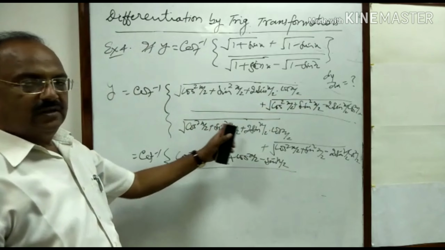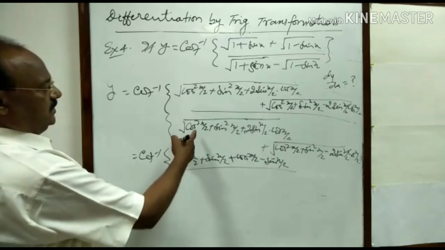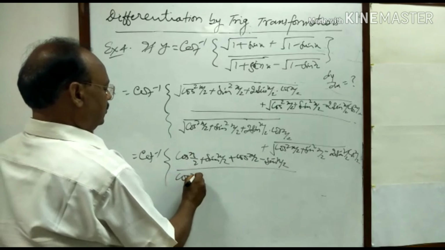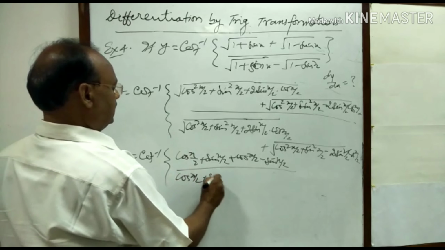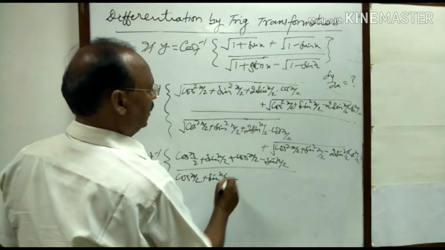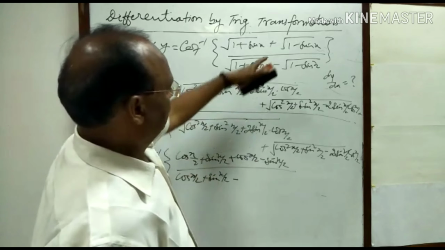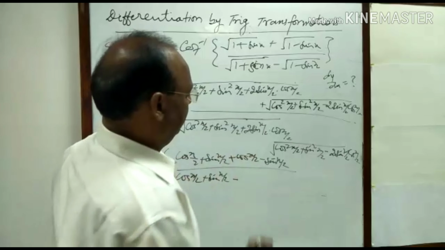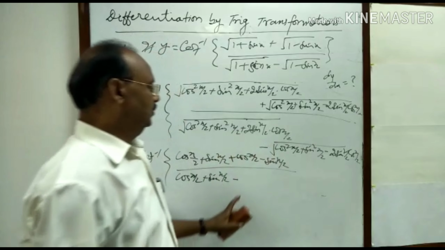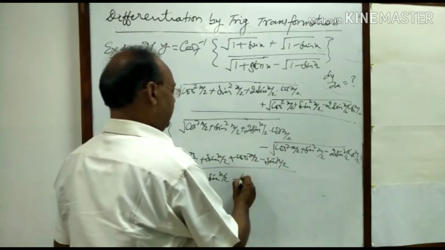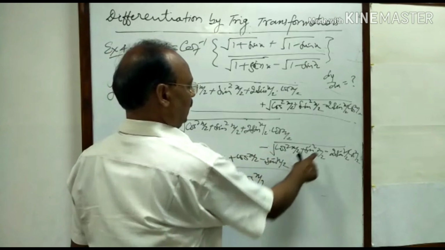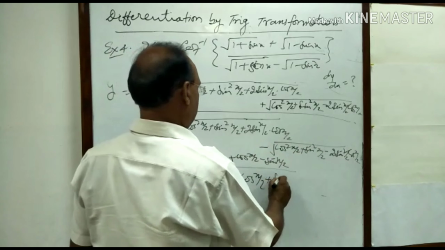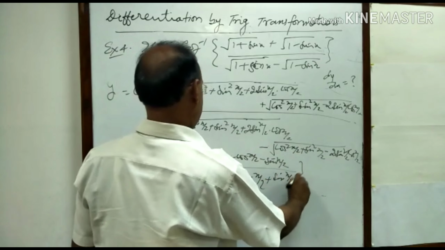And the denominator is also in the same pattern. So this is cos of x by 2 plus sin of x by 2, and sorry, the minus sign is here. We have a negative sign. So minus cos x by 2, this minus becomes plus sin x by 2.